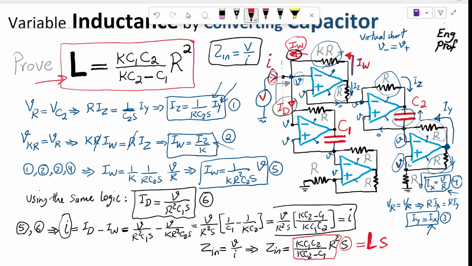Now interestingly, if we set C1 equal to C2, then L, which is realized in this circuit, becomes as simple as K over K minus 1 times C R squared, which is very interesting.